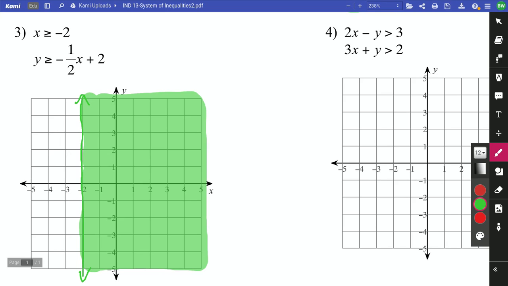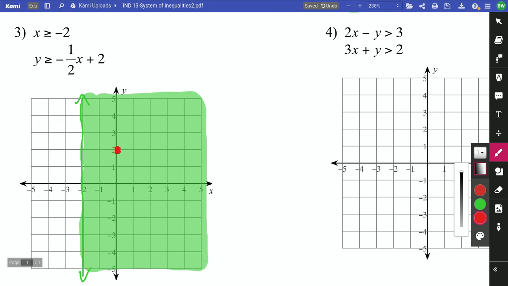Okay. So now we'll do the other line. And it's already in slope-intercept form. It's going to be the boundary line of our other region, of course. The y-intercept is 2, so that gets us a point. The slope is -1/2, so the rise over run is -1/2.